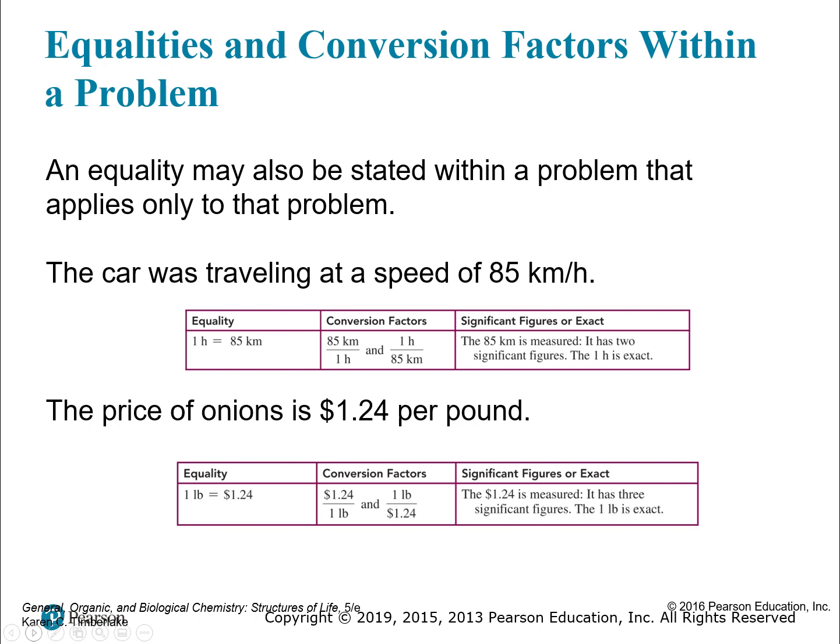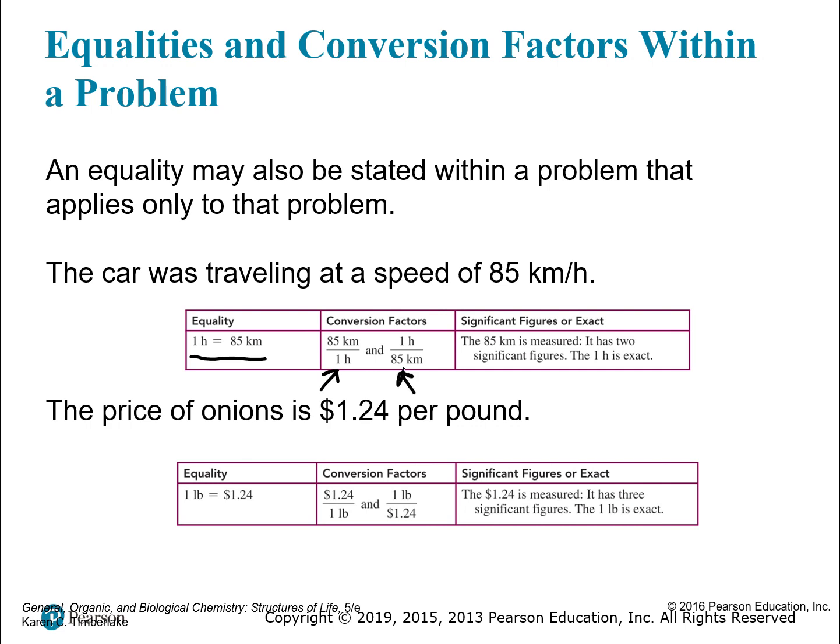So you can also see an equality stated within a problem that you can use to solve said problem. If we're talking about a car traveling at a speed of 85 kilometers per hour, then the equality is 1 hour equals 85 kilometers. And you can write conversion factors.